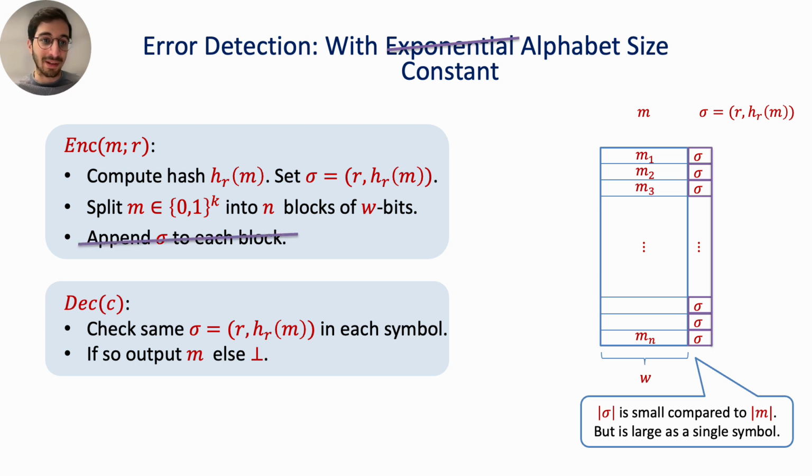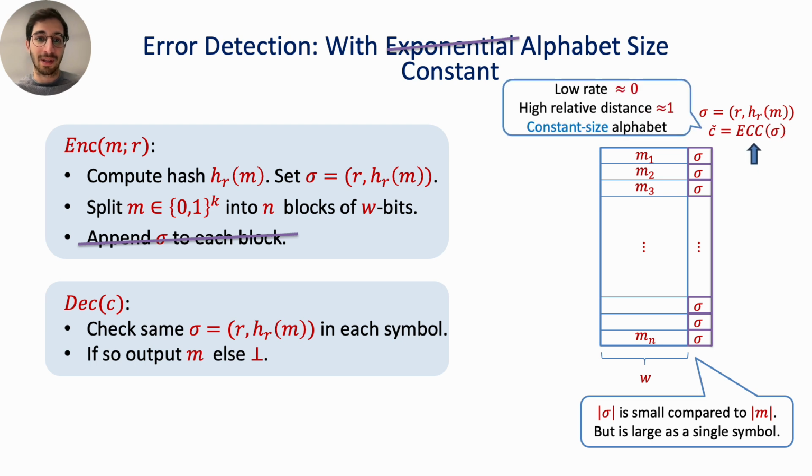Instead of just appending sigma to each block, we're going to first apply some encoding algorithm on this sigma. Because sigma is small, we can have a code that has a small rate, quite close to 0, but with very high distance, quite close to 1.